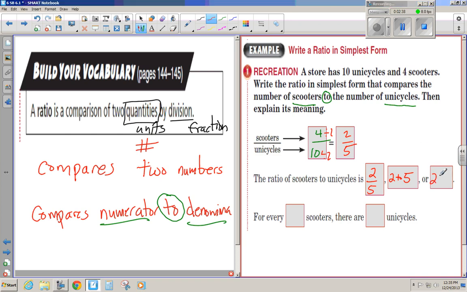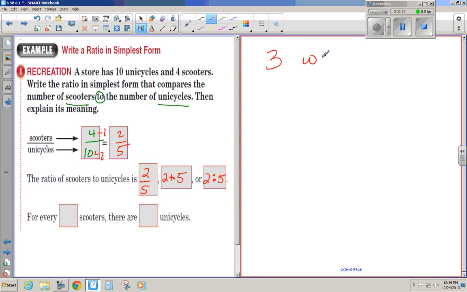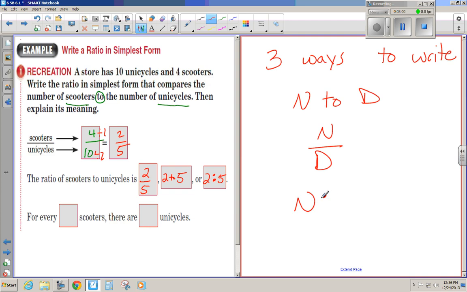So there are 3 ways to write a ratio: numerator to denominator, numerator:denominator, or as a fraction. That is how you can set this up. So that means for every 2 scooters, there are 5 unicycles.